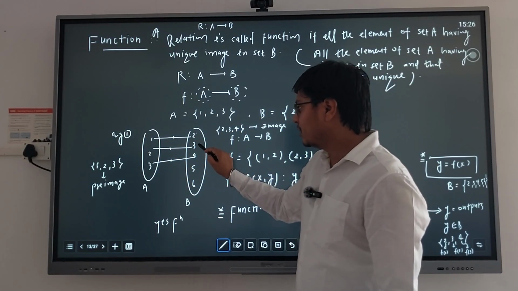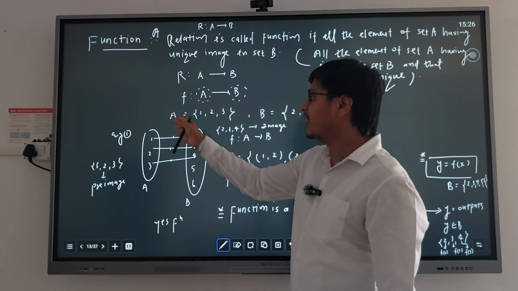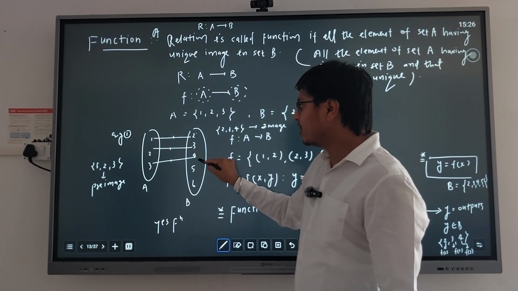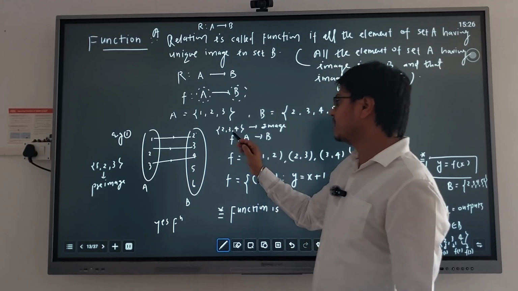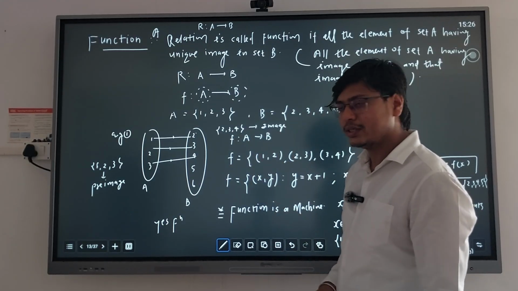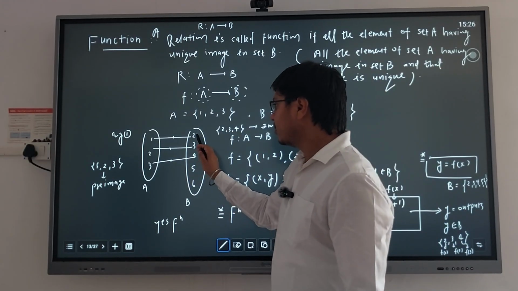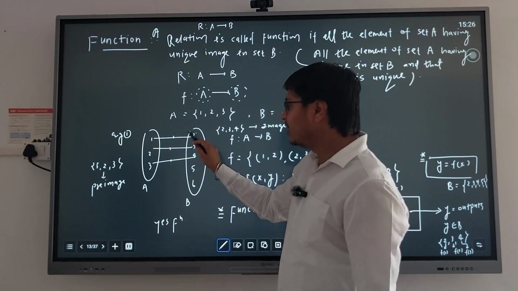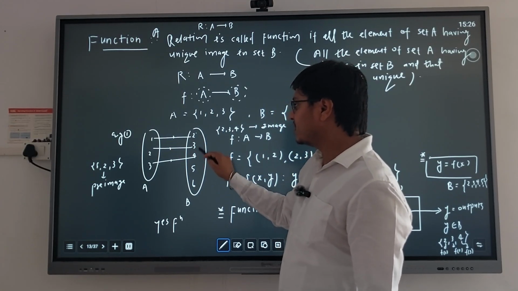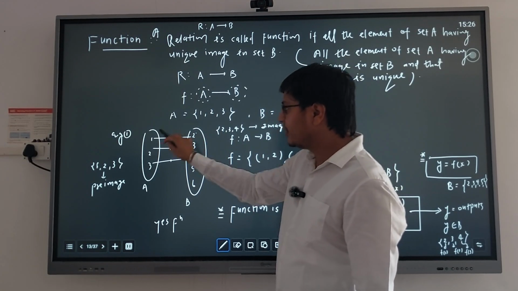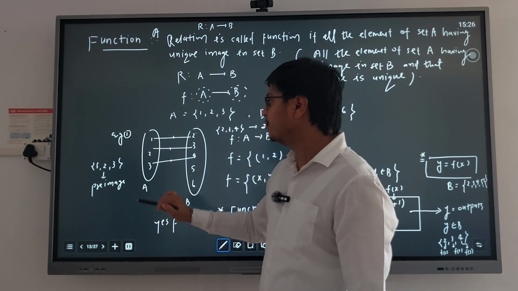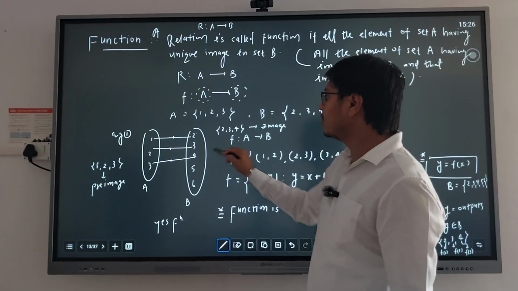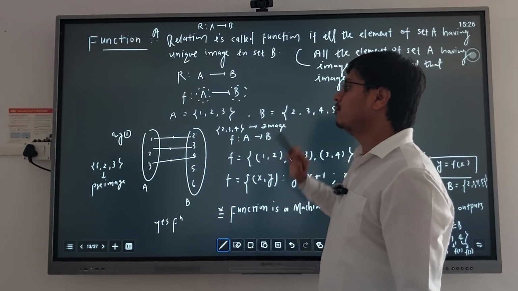So 2, 3 and 4 are the images of the elements of set A. They are called the image points. And the elements for which these are the images are called the pre-images. So this is the set of pre-images 1, 2, 3 and this is the set of images 2, 3, 4.